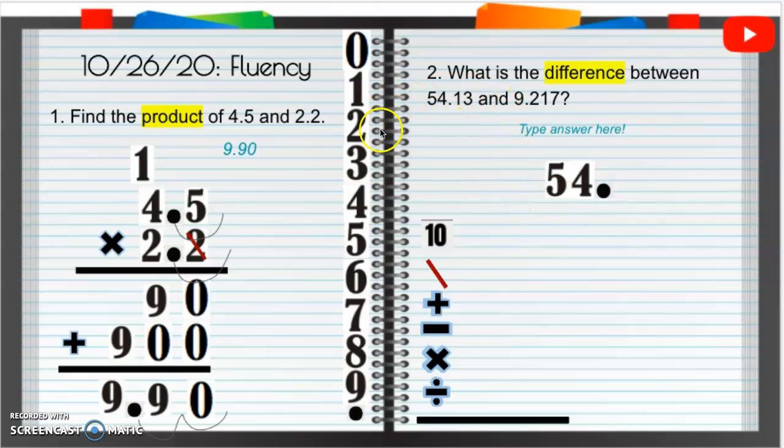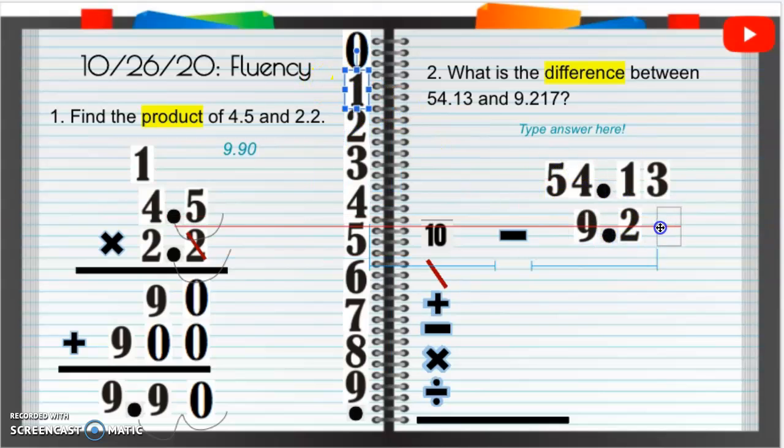Line them up. So in this case, we do have to line them up. 54 and 1300, minus 9. So our 9 whole number is in our ones place. Line up those decimals.